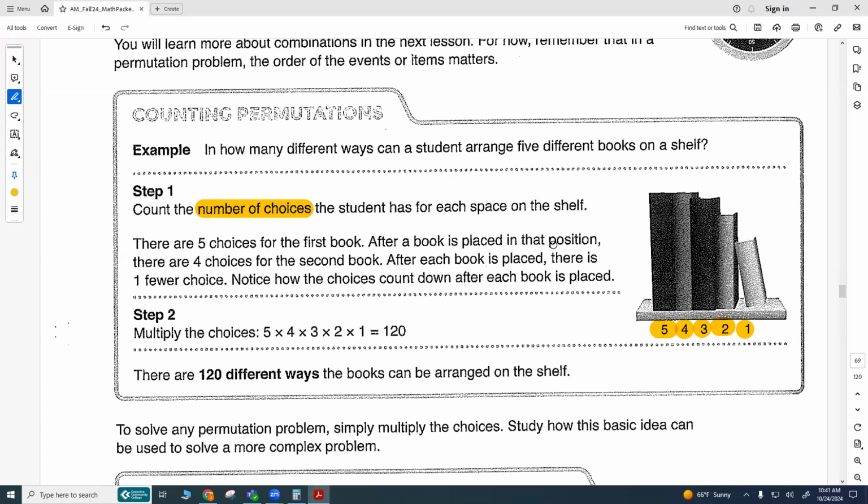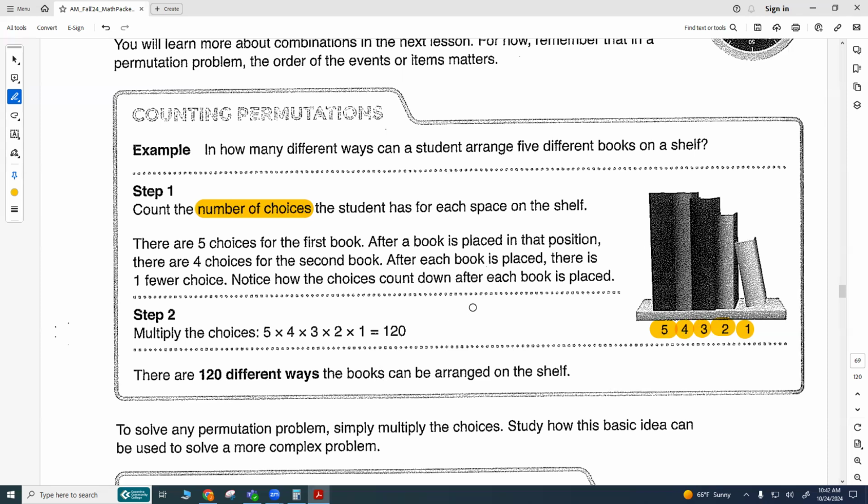But after the book is placed in the first position, now when we move to the second position, we only have 4 books to choose from, right? Because one book is already locked into that first spot, okay? And so then after each book is placed, there's 1 fewer choice, right? So basically we go from 5 choices to 4 choices to 3 choices to 2 choices to 1 choice, okay?